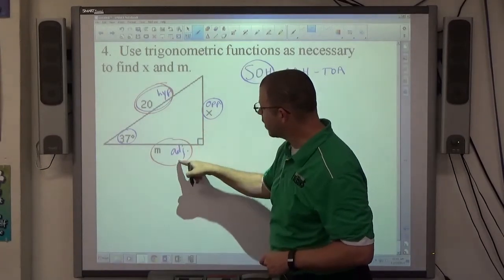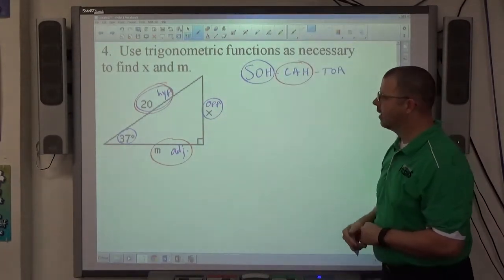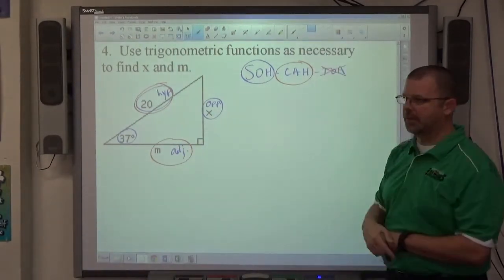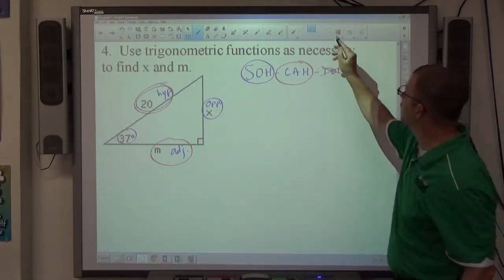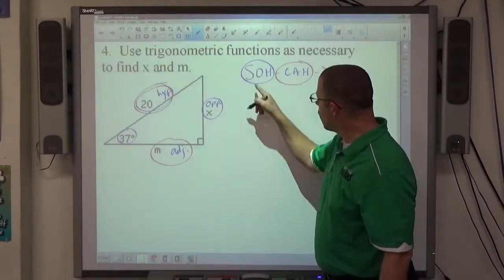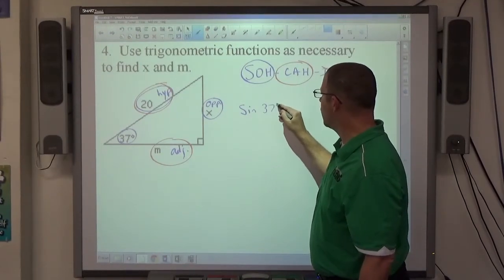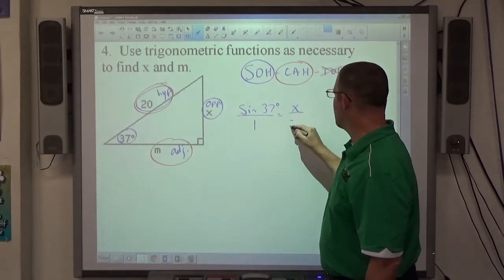So the fact that I want to know this and I do know this tells me cosine is useful. The fact that I don't know either the opposite or the adjacent makes tangent useless. So I'm going to throw that one out. So just working with sine and cosine will get the job done here. And if I use SOH, that's sine of the angle measure we're working with over 1 equals the opposite measure x over the hypotenuse 20.